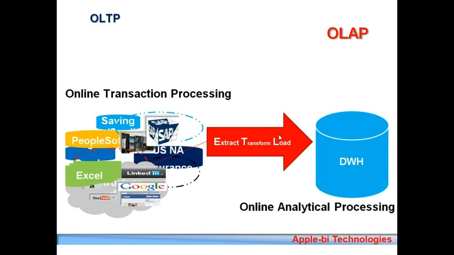Now we already know the left side, from where you are taking the data, that is a transaction system, because whenever there is a transaction, data will come there. And here we are dumping the data and using it for analysis purposes. That's why it is called analytical data. In a polished name, these transactional systems are called OLTP, and this is called OLAP. You don't need to worry, because it is not our cup of coffee.